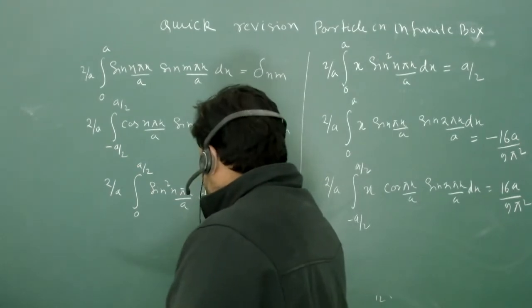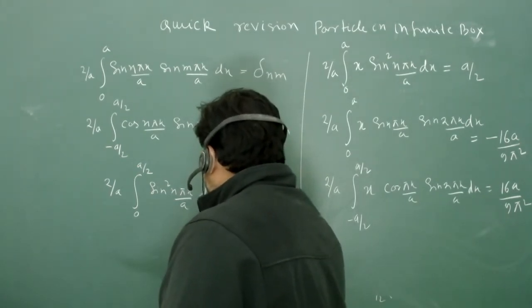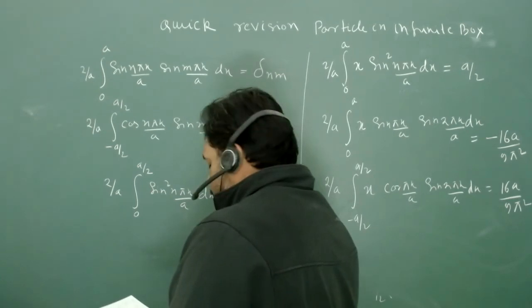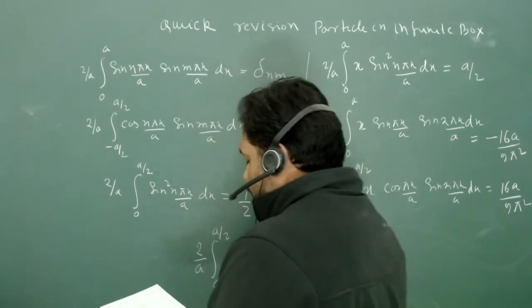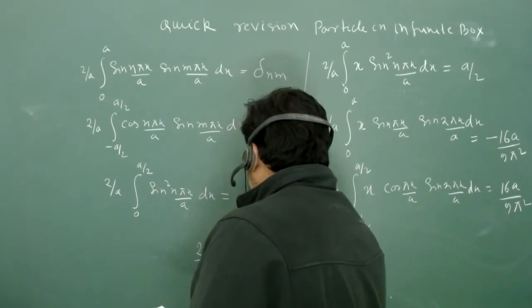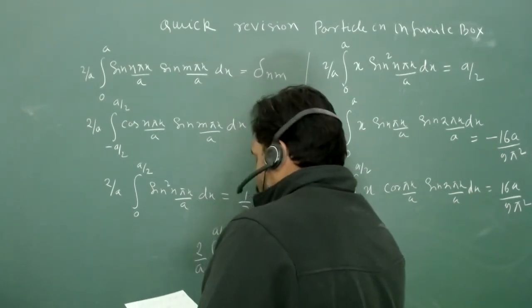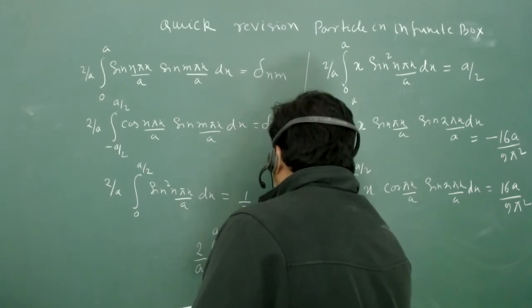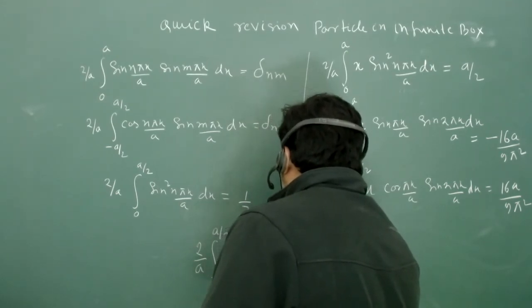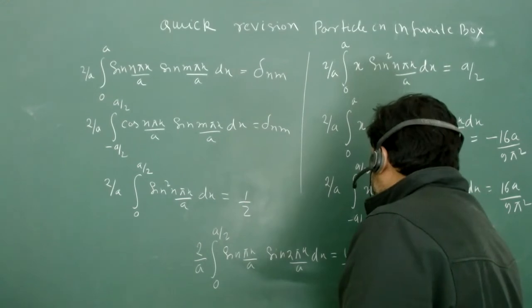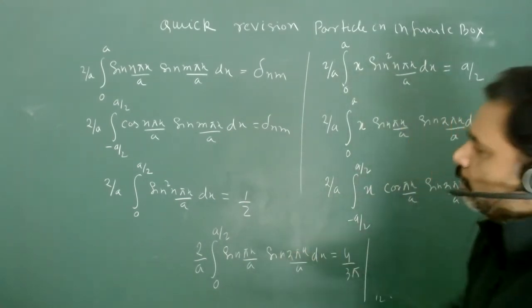So you should go for 2 by a, integration 0 to a by 2, sine pi x upon a, cos pi x upon a, sine 2 pi x upon a dx. That value is equal to 4 upon 3 pi. Just recheck all these integrations.